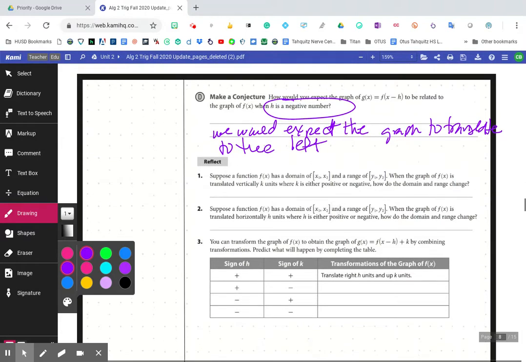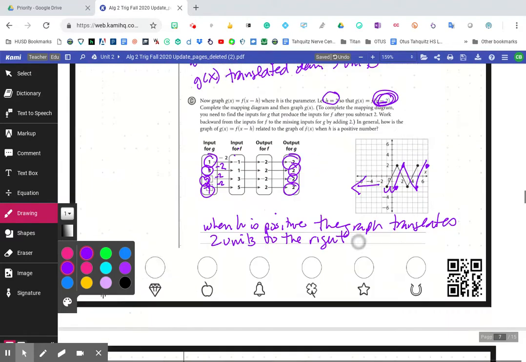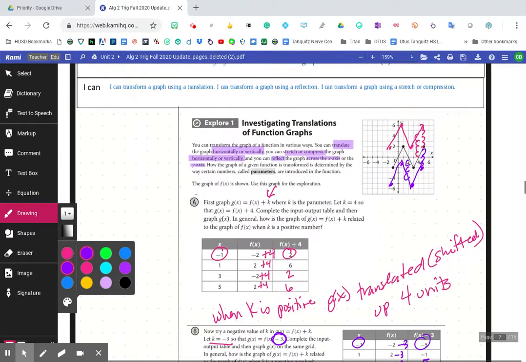All right, let's look at the reflect questions really quick. Suppose the function f of x has a domain of x sub 1 to x sub 2 and a range of y sub 1 to y sub 2. When the graph of f of x is translated vertically k units, where k is either positive or negative, how do the domain and range change? When we translate it in the y direction, notice that the x values didn't change at all, right?